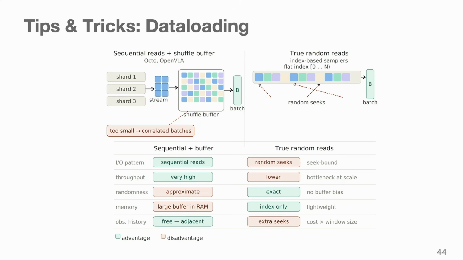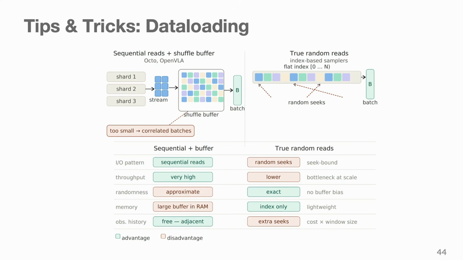The key insight here is that if your shuffle buffer is too small, your batches might become correlated, as the degree of randomness is directly proportional to the size of your shuffle buffer.